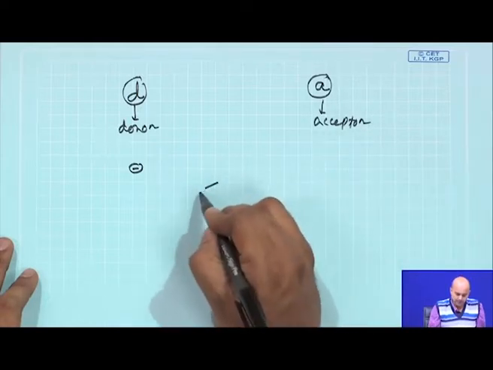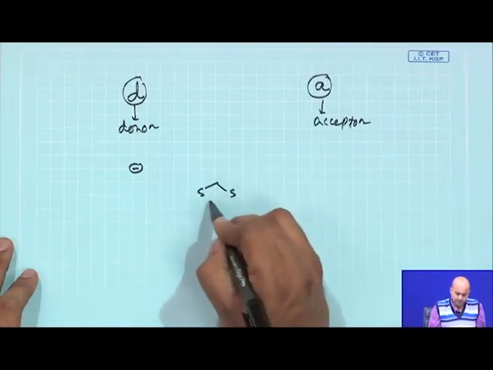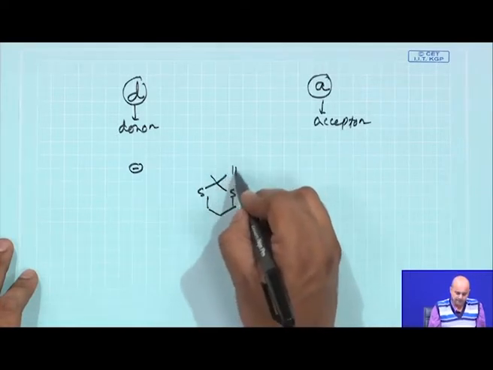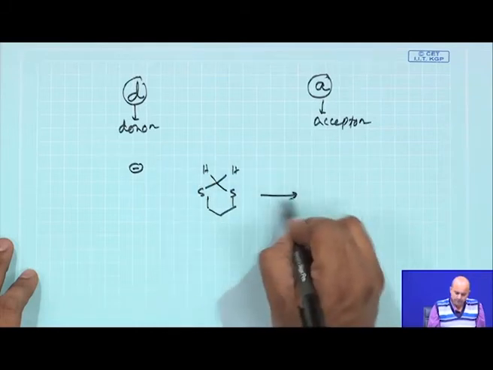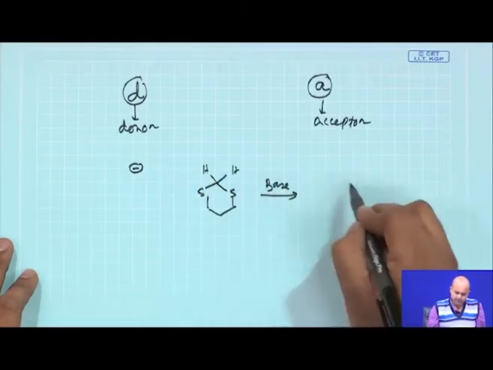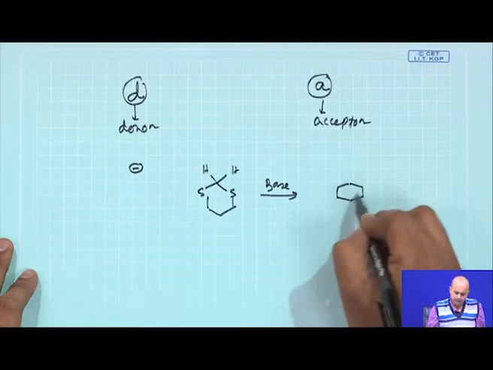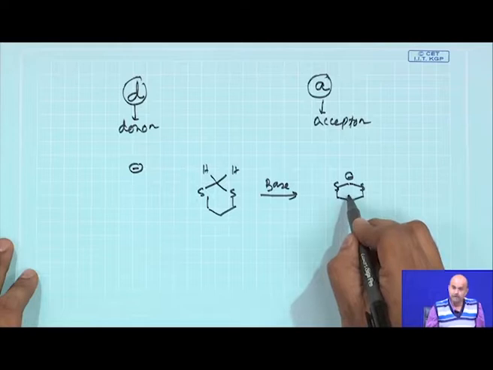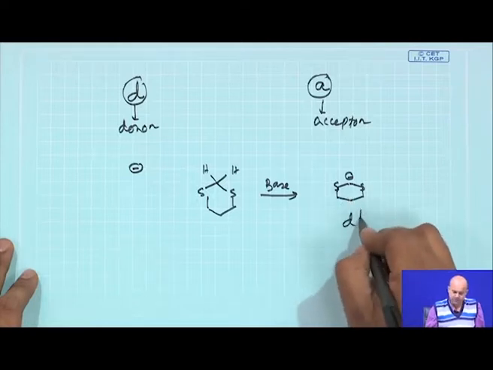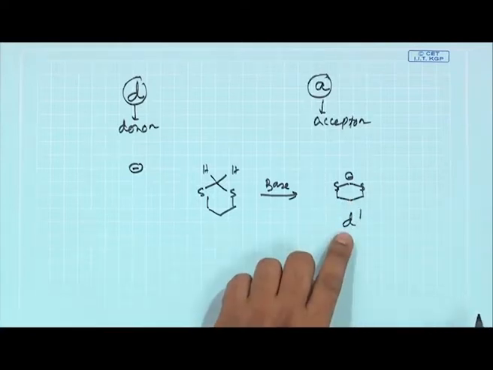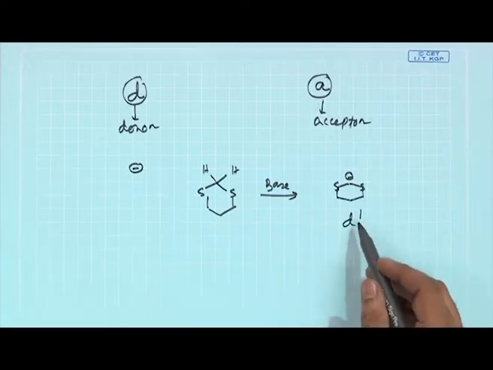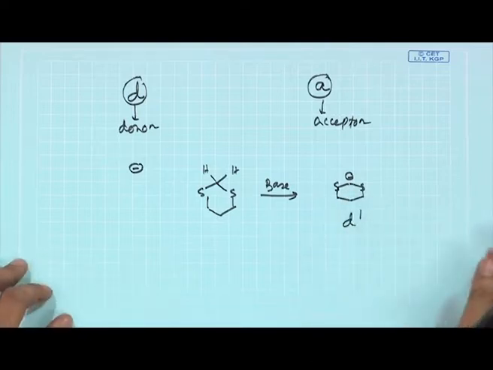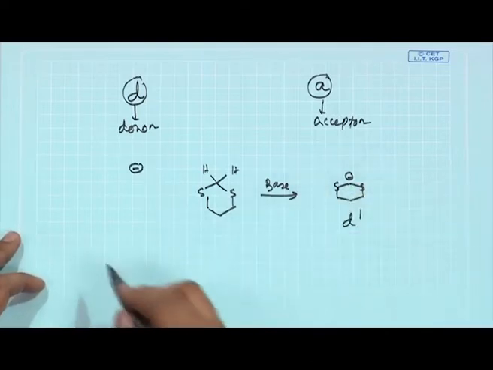Now, in that category, your formyl anion, 1,3-dithiane, when you react it with base, gives you a carbanion, this minus. Now, this minus is a D1 species. D stands for donor and 1 stands for 1 carbon; this gives you 1 carbon. Acceptors are similar.